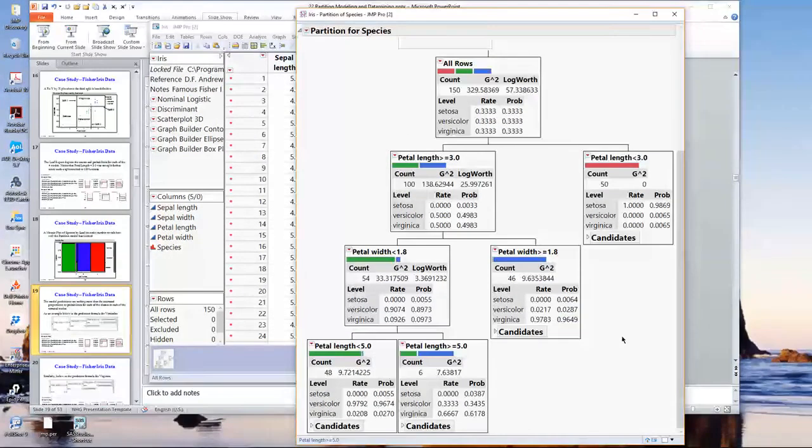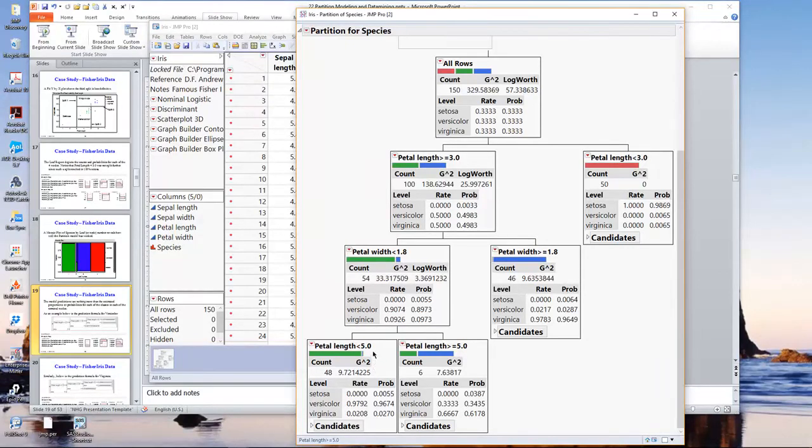And notice, again, it splits on the left-hand side. So what it's trying to do is on the left-hand side to see if we can even better refine the difference between versicolor and virginica.